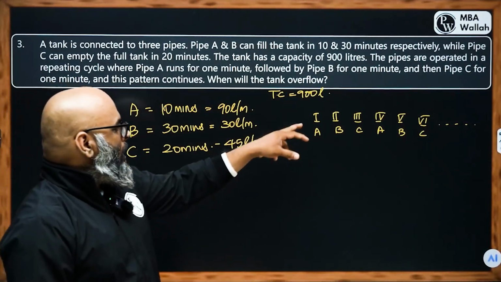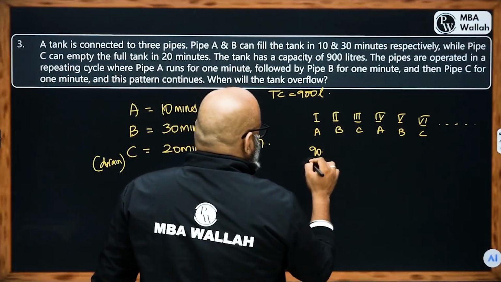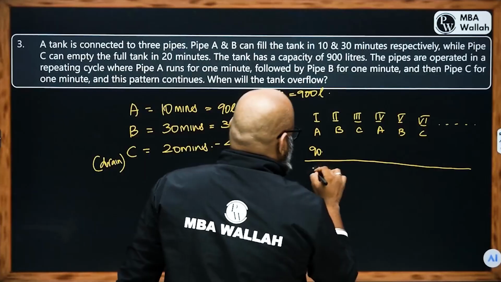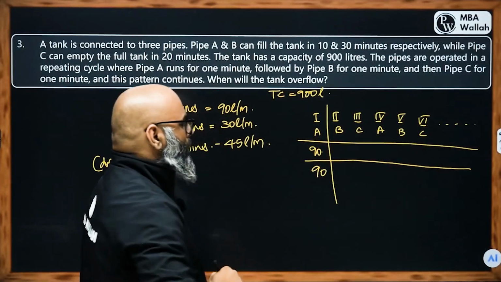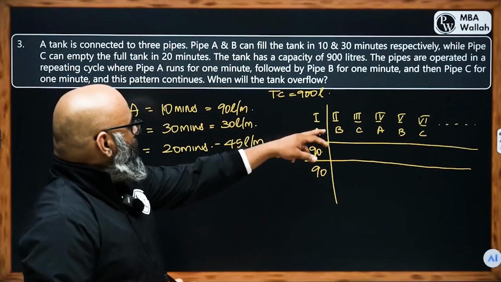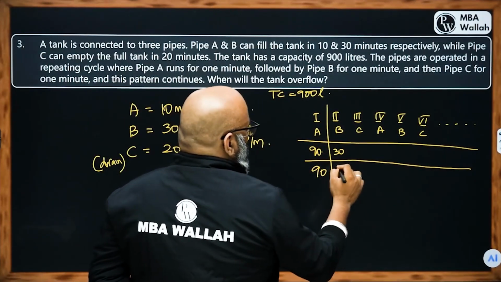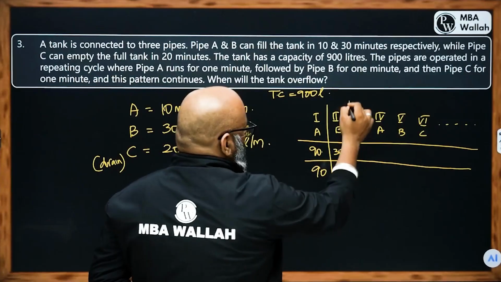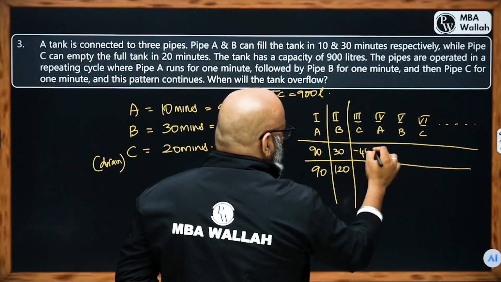So in the first minute, A would have given us 90 liters. So the total tank will have 90 liters. Second minute, B would give us 30 liters. So 90 plus 30 will be 120 liters. Third minute, C takes away 45 liters.